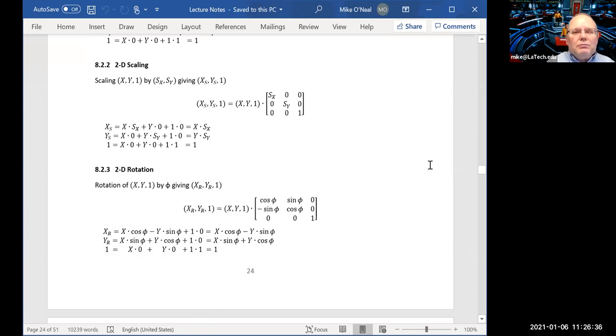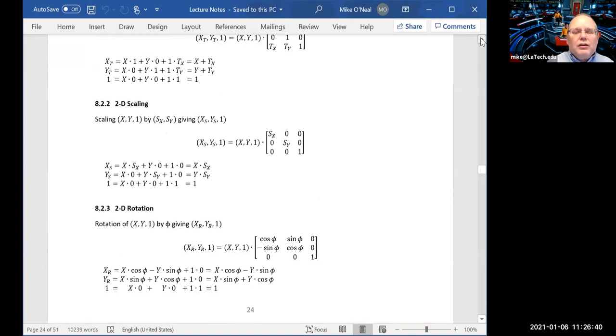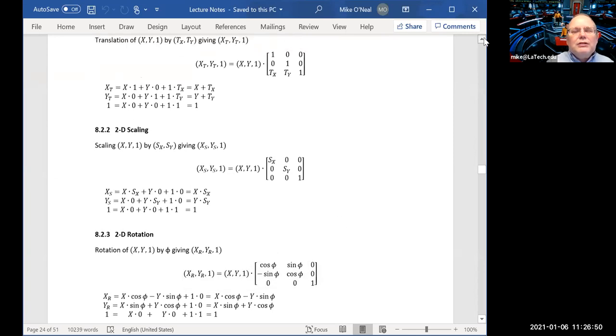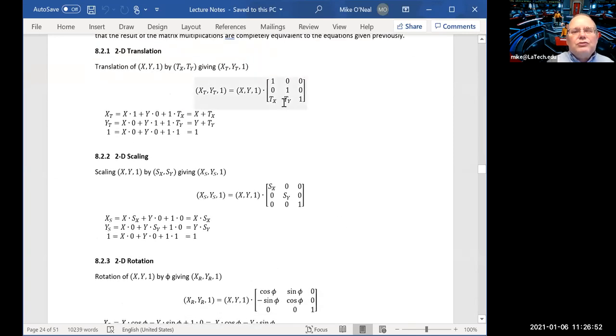Now you might have said, but Mike, do I really need 3 by 3? Couldn't I use a 2 by 2? Well, you could have used a 2 by 2 for scaling and a 2 by 2 for rotation, but then that would have screwed things up. You wouldn't be able to do translation with the same size matrix, because translation uses the final row.